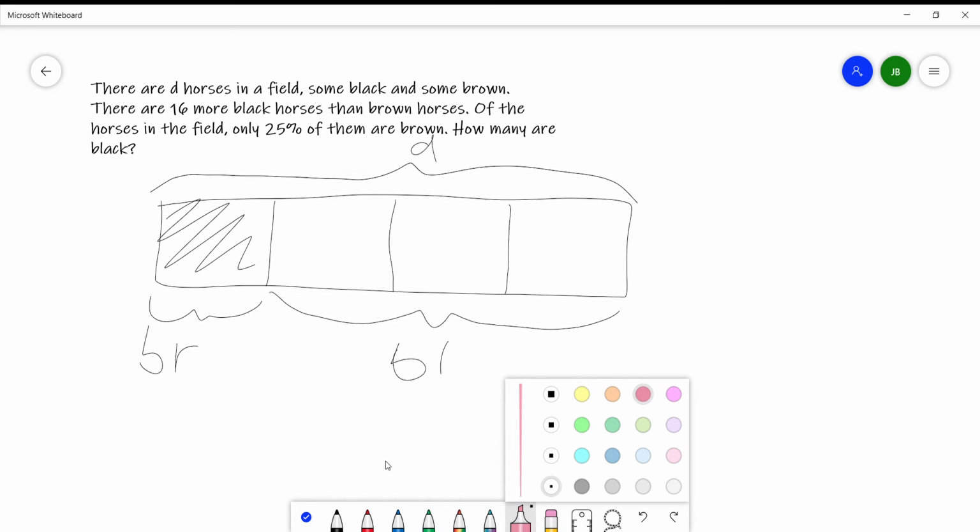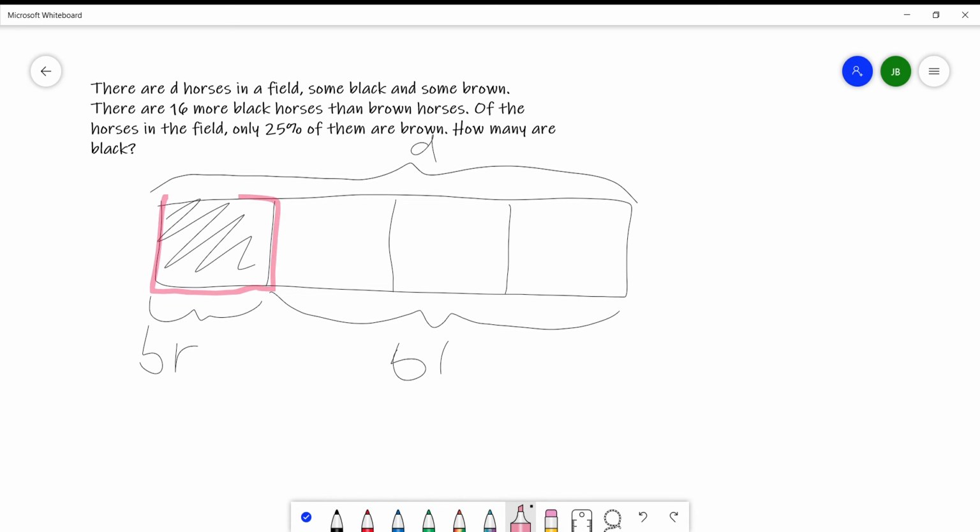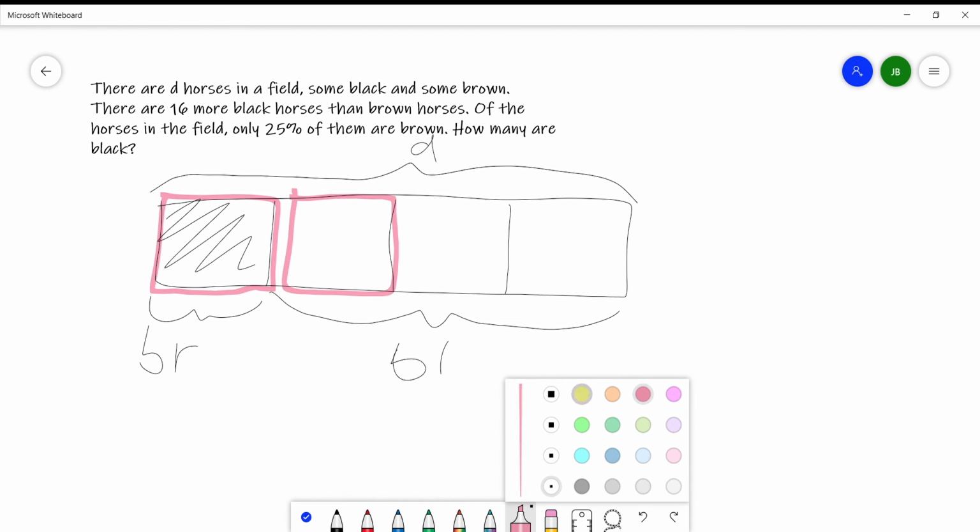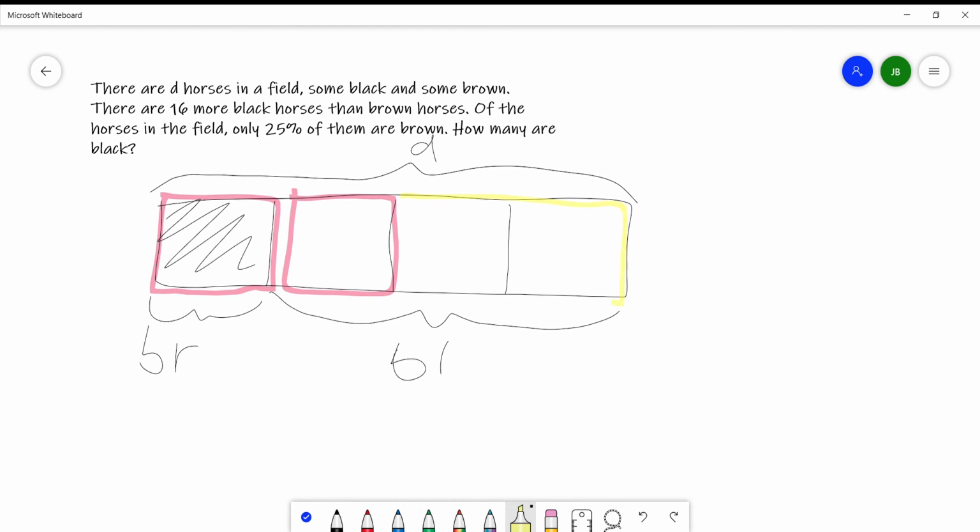Hashtag colorblind problems. So these are the brown horses, maybe that's brown. And then it said the black horses are the brown plus 16 more. So if they were going to be equal, I would have this chunk right here be the equal, but they're not. They say there are 16 more horses. And so this extra 16 can be represented by this chunk.